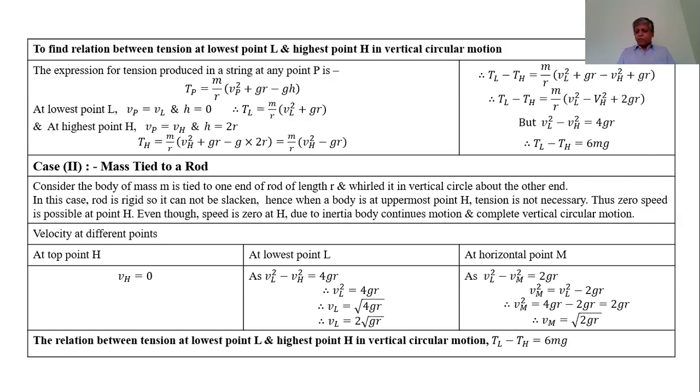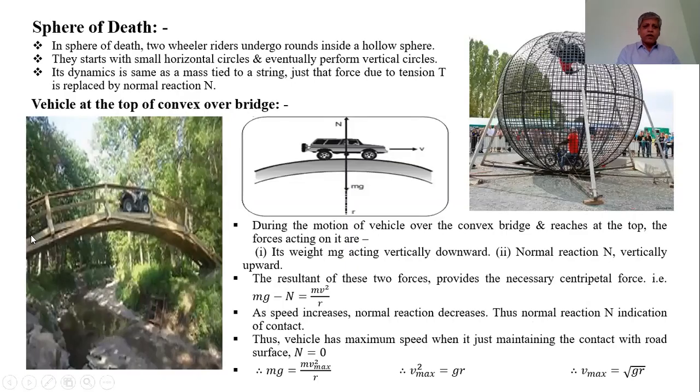Another example of vertical circular motion we have already seen in the circus. That is the sphere of death. Here we observed a hollow spherical body.